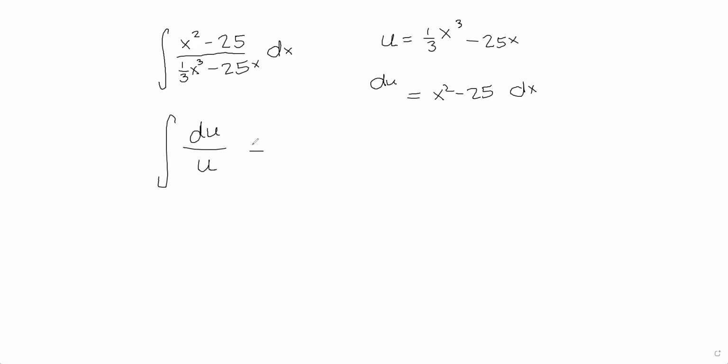Life is good. We know, of course, this is going to be natural log of u. Not natural log of me, but natural log of u. Ha, stupid joke, I know. I'm hilarious. Plus c. So that one wasn't so bad.